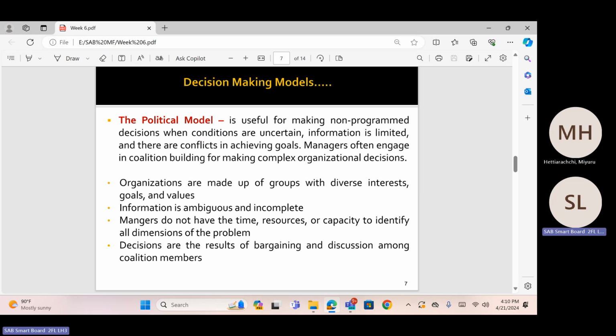That is one argument for team-based decisions, especially in non-programmed decisions. Another reason is that information availability is very low, and the nature of the problem is very ambiguous and not routine. Third, managers do not have enough time, resources, and capacity to make decisions alone. Therefore, they have to get others' views and ideas also.